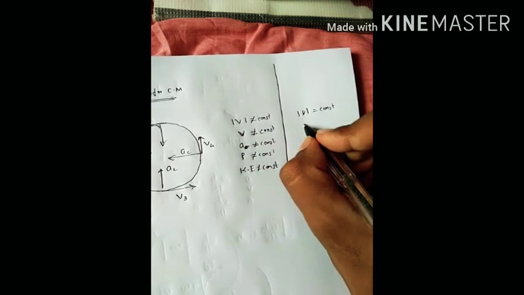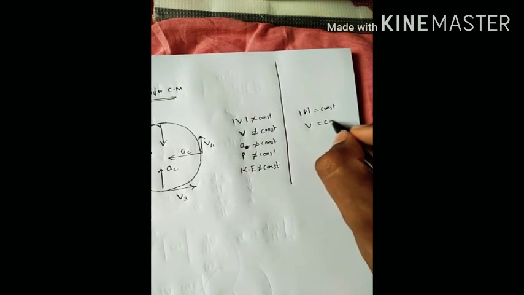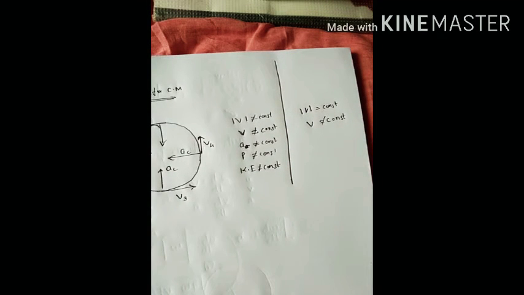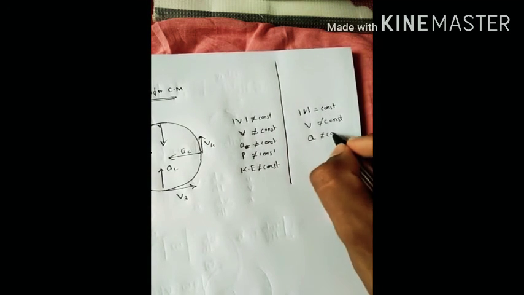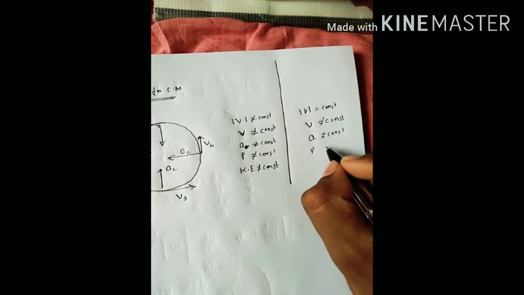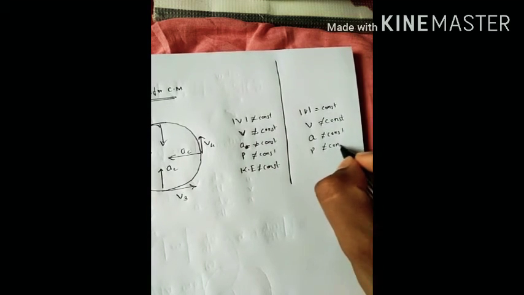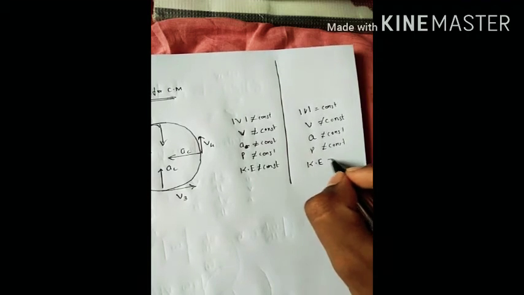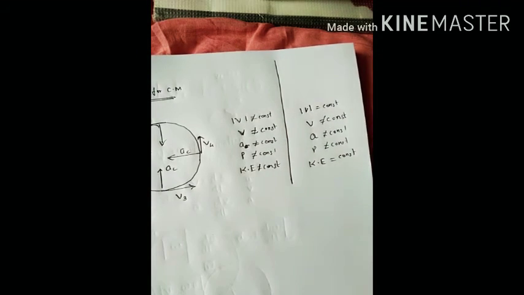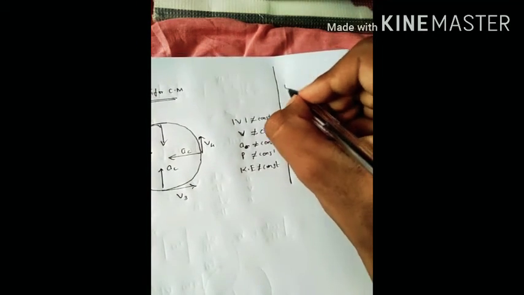The velocity does not remain constant, because the magnitude does not change but the direction may change. The acceleration is also a vector quantity and changes. Momentum is also a vector quantity and changes. Kinetic energy is a scalar quantity and just remains constant. This is the case of uniform circular motion.